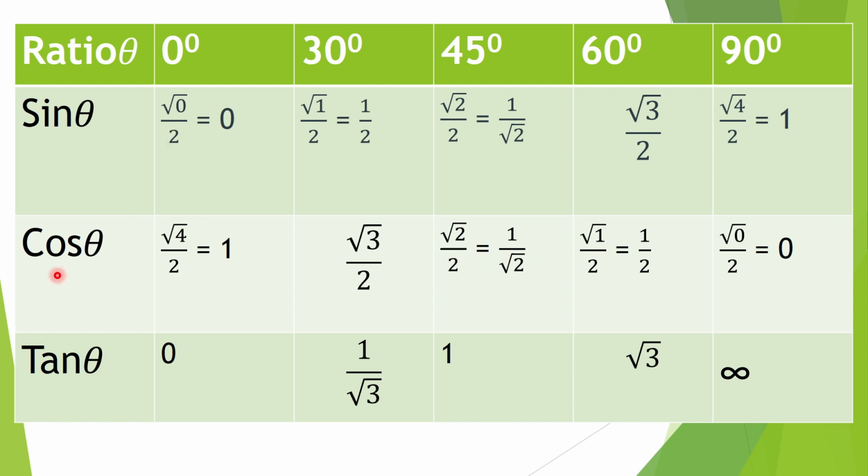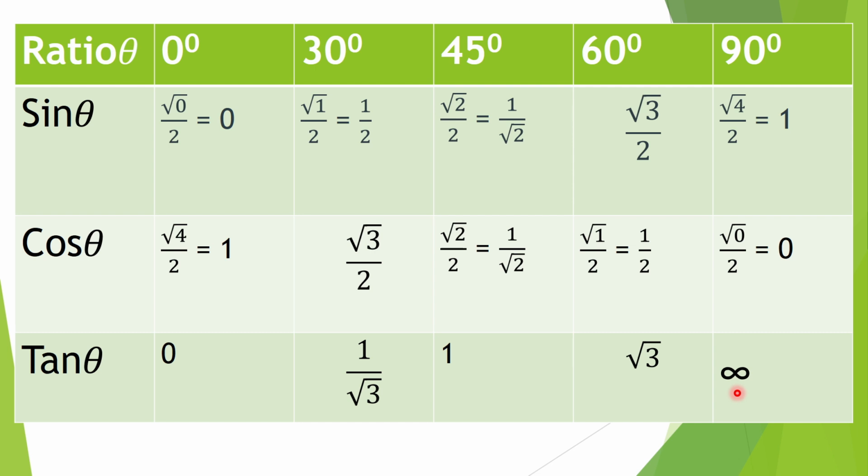Again, if we talk about tan theta, tan theta equals sine theta upon cos theta. So this is sine theta divided by cos theta. So 0 divided by 1 equals 0, and 1 upon 2 divided by under root 3 upon 2 equals 1 upon under root 3, and this will become 1 upon under root 2 divided by 1 upon under root 2 equals 1, and under root 3 divided by 2 divided by 1 upon 2 equals under root 3, and this will become infinity.